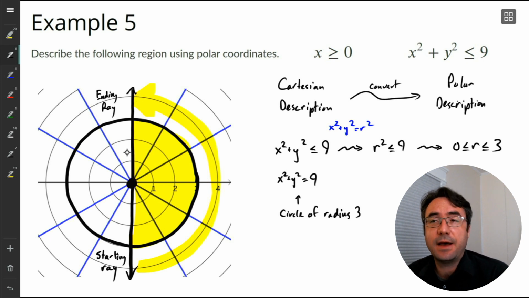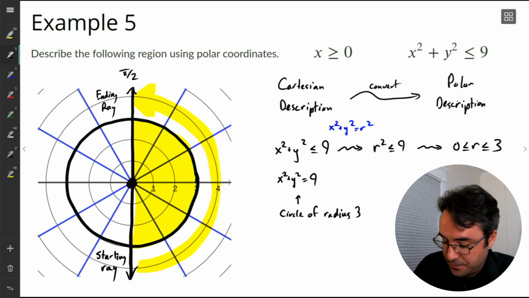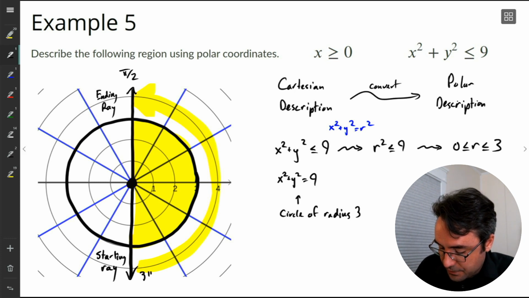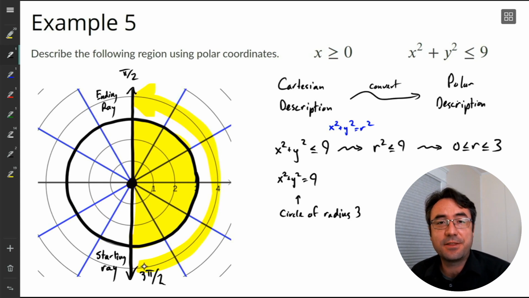So what are the theta values? If this is our starting ray, the theta value for our starting point has to be less than the theta value for our ending point. We might be tempted to think this is pi over 2 and this is 3 pi over 2. The issue is that our starting theta value has to be less than our ending theta value.